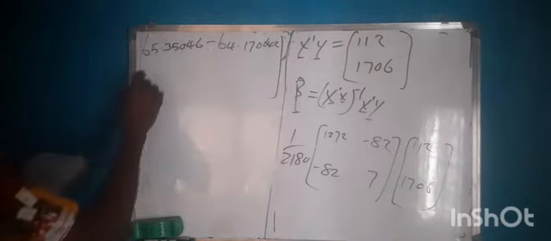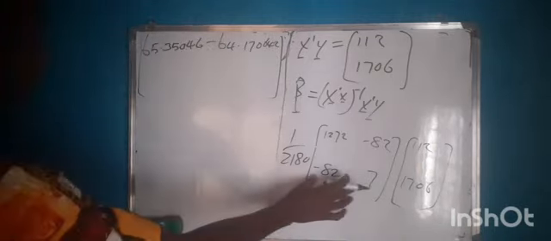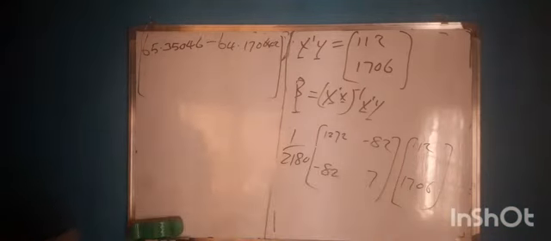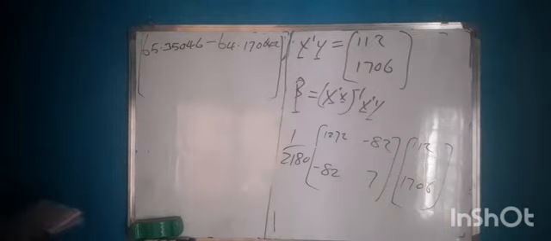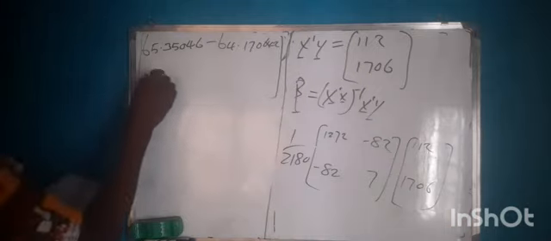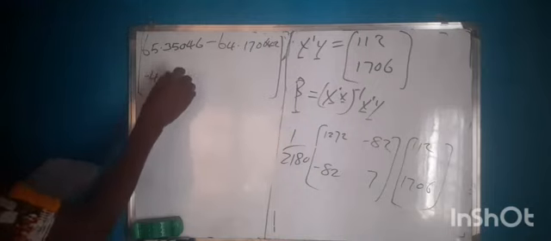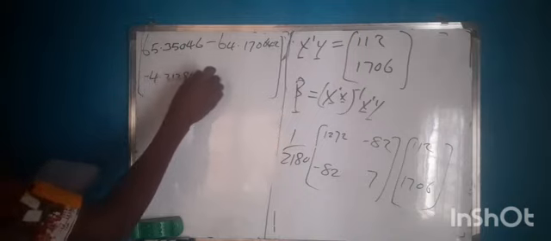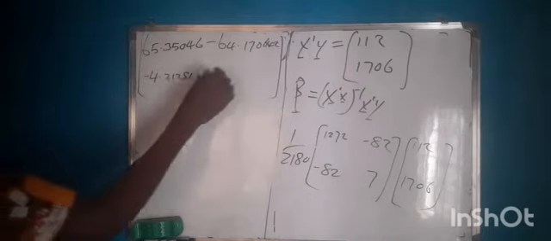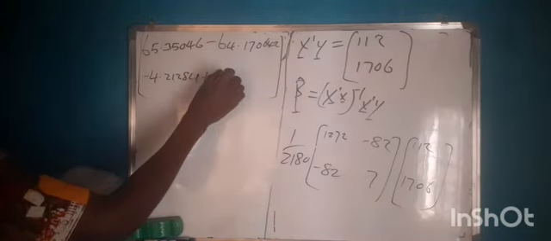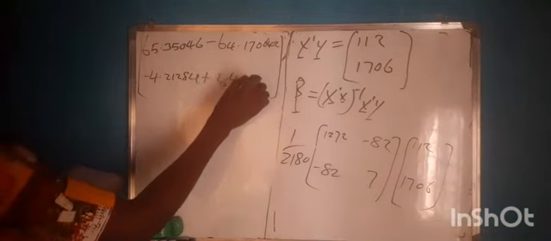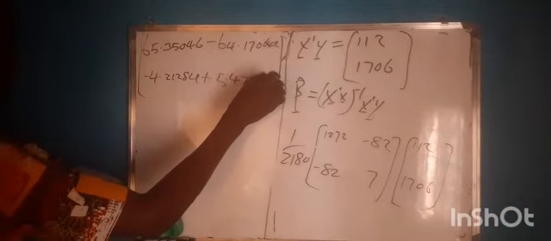Okay, now you also use this second row and multiply this column. So if you do that, you have minus 4.21284 plus 5.477982.